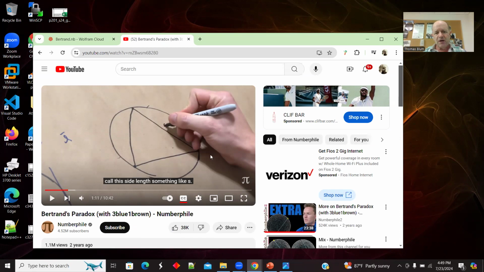You can imagine an inscribed equilateral triangle, and if this circle is a uniform circle with a radius of 1, then the side of this triangle is the square root of 3. So that's going to pop up. We're going to make chords in the circle and ask if those chords are larger than the side of this triangle or not.